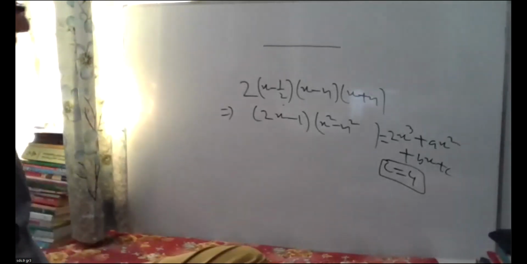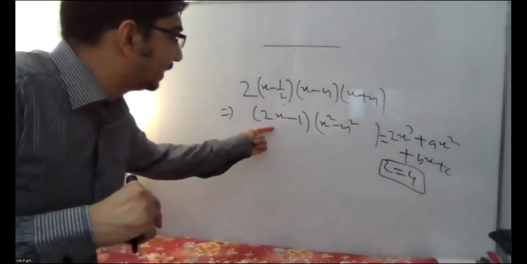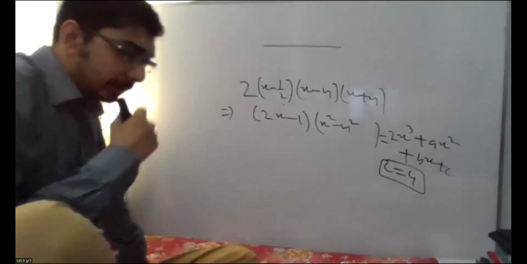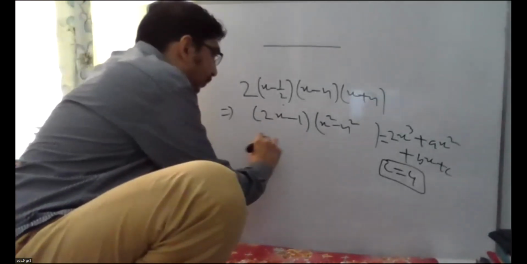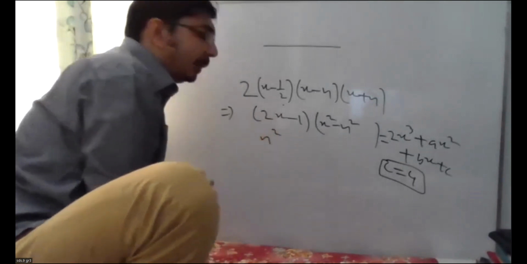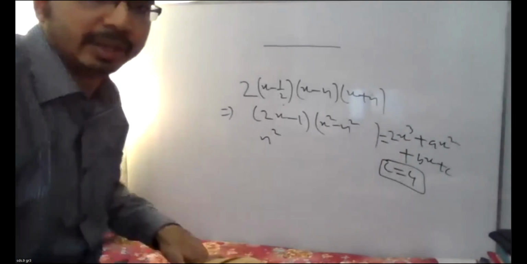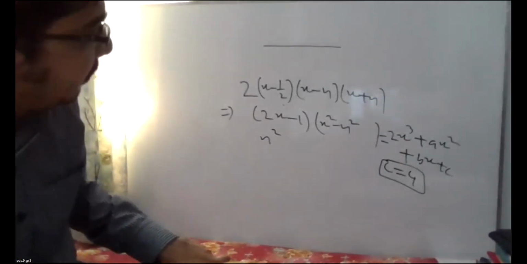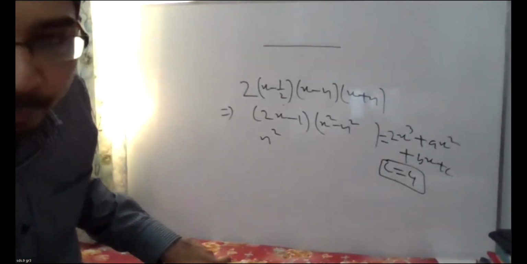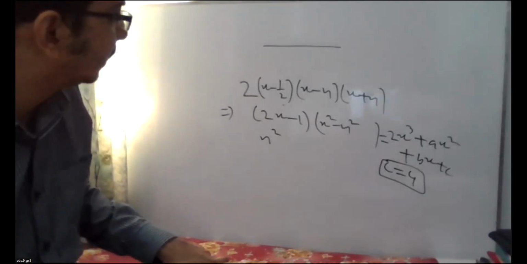Now, also notice that if I put x equal to 0 over here, what do I get? I get n squared, which is my y-intercept. This and this are the same expression written in a different way. Then you should expand the left-hand side.